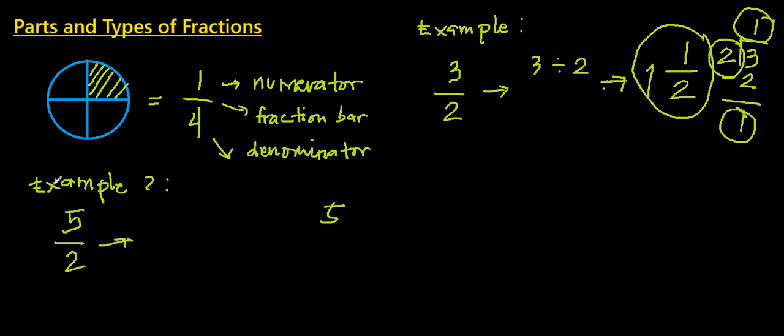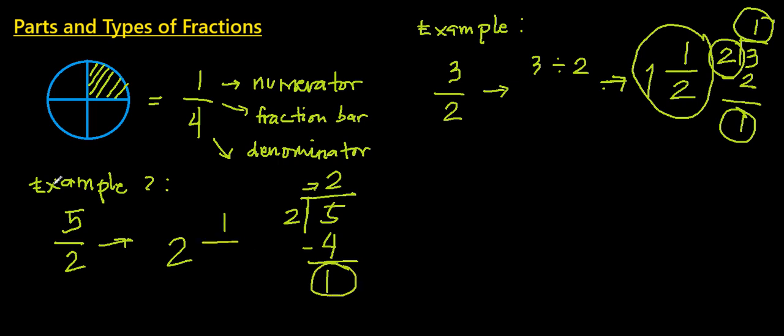So let's divide 5 by 2. There are 2 in 5. So 2 times 2 is 4, minus 1. So this is the whole number, 2. Then the remainder should be the numerator. Then copy the divisor, which is 2.